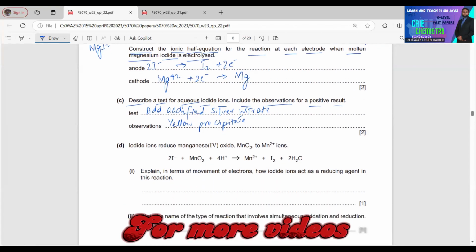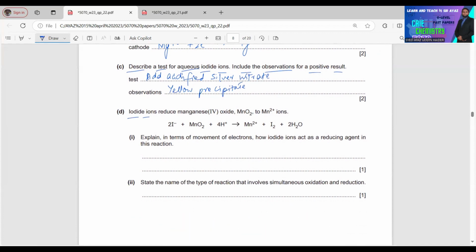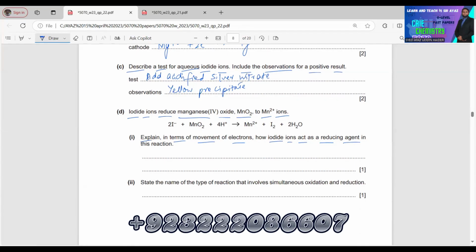Part D. Iodide ions reduce manganese(IV) oxide, MnO2, to Mn2+ ions. Here's the reaction equation: 2I- plus MnO2 plus 4H+ gives Mn2+ plus I2 plus 2H2O. Number 1, explain in terms of movement of electrons how iodide ions act as a reducing agent in this reaction.